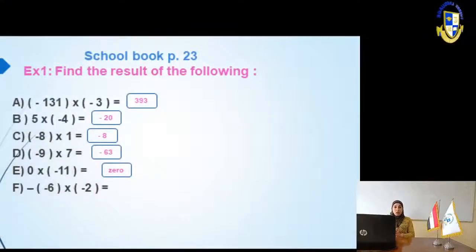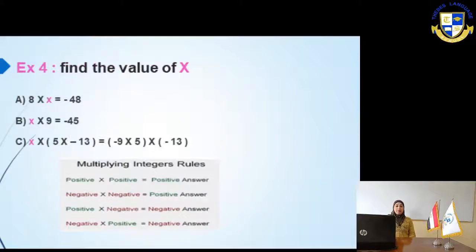We said two same signs equal positive, so negative 1 multiplied by negative 6 will be positive 6. Positive 6 multiplied by negative 2, I have positive and negative, two different signs, so the answer will be negative 12.